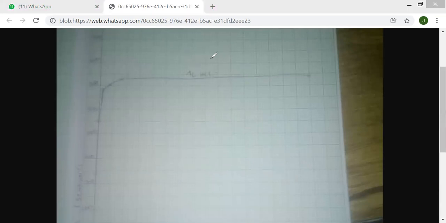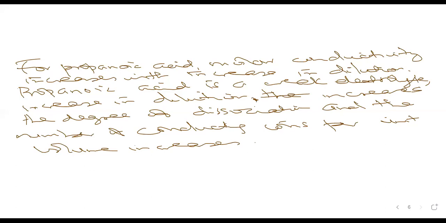Then the other graph that I want us to look at is the one by Mary, which is here.